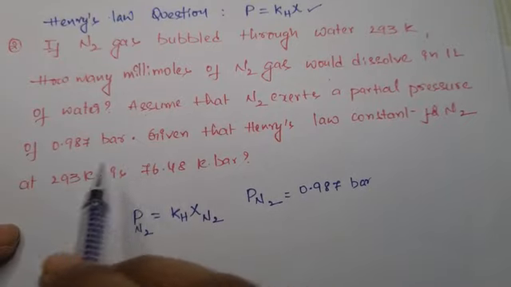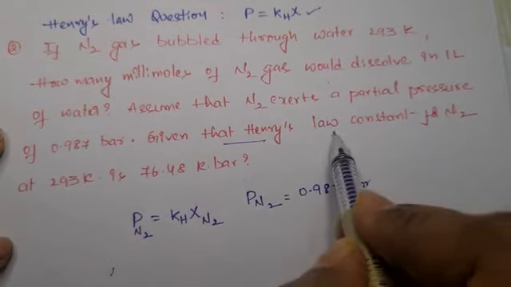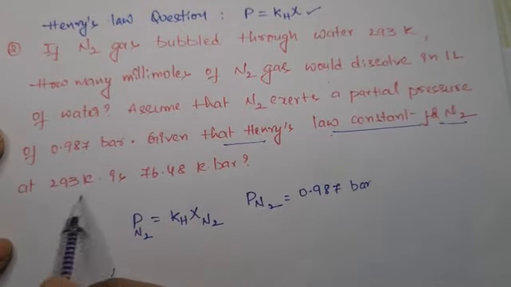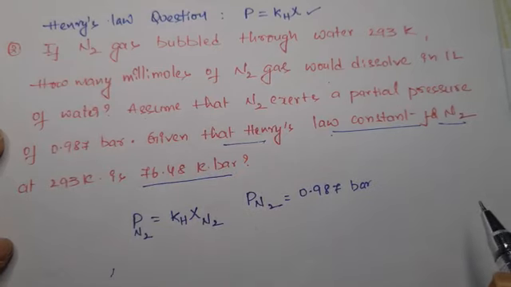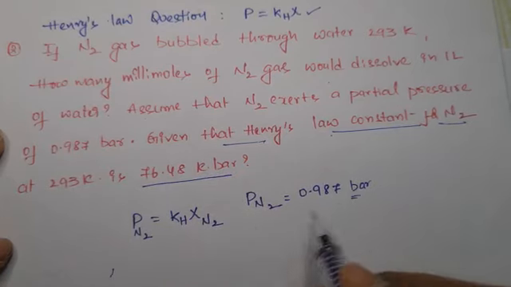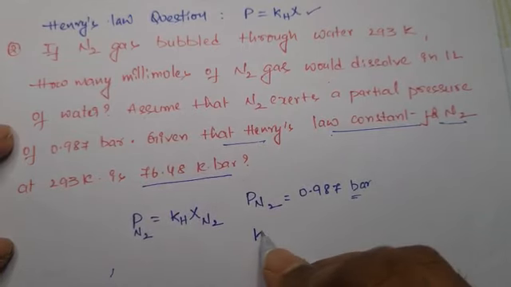And they have provided the Henry's law constant for N2, almost 76.48 kilobar. Henry's law constant also needs to be converted into bar.